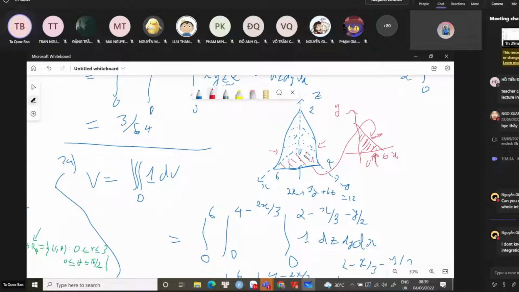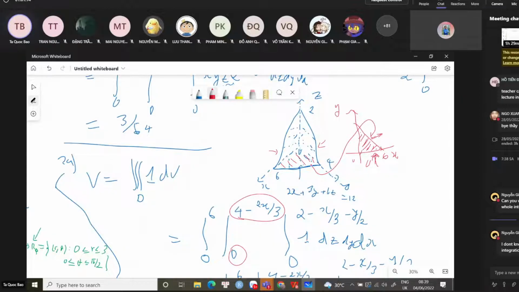If you access this region in the plane OXY, first you meet 0, and from 0 to 6 every point on this interval, you get 0 first and exit at this 9.